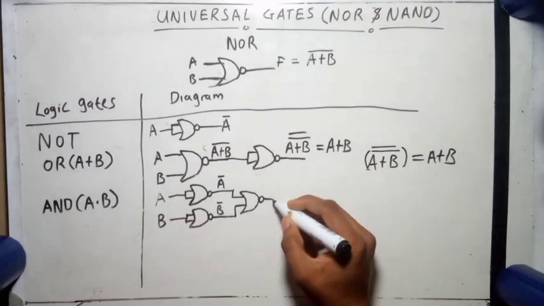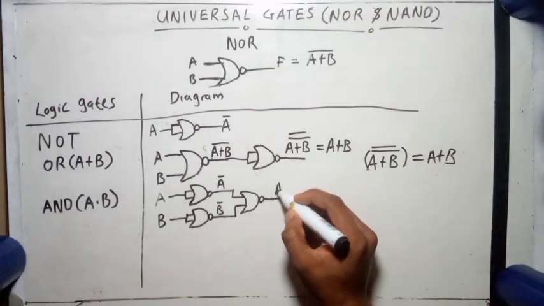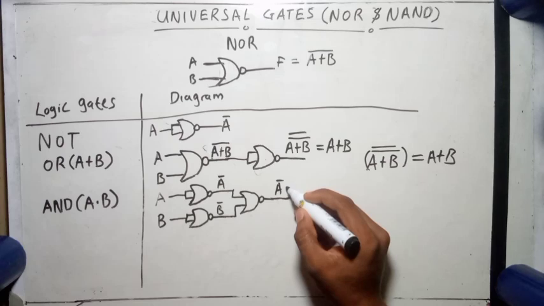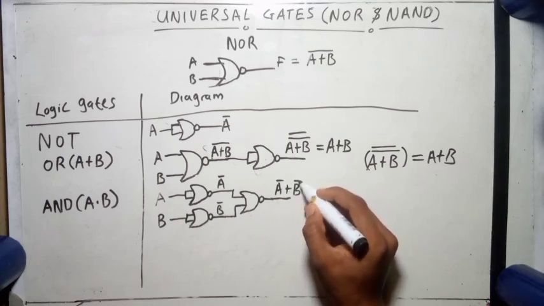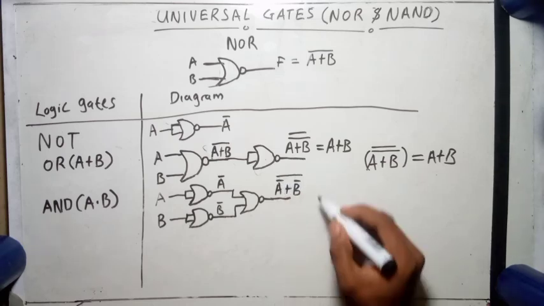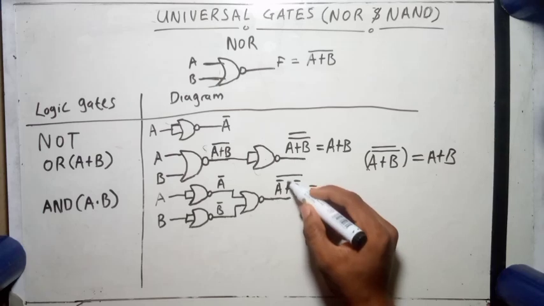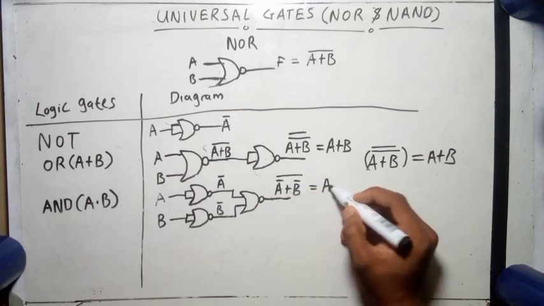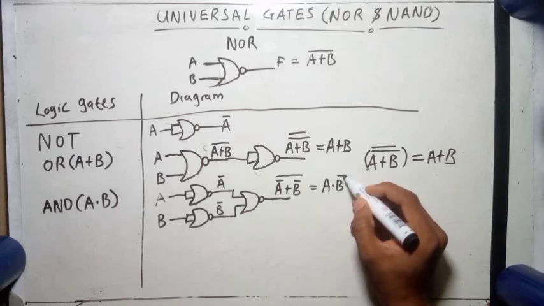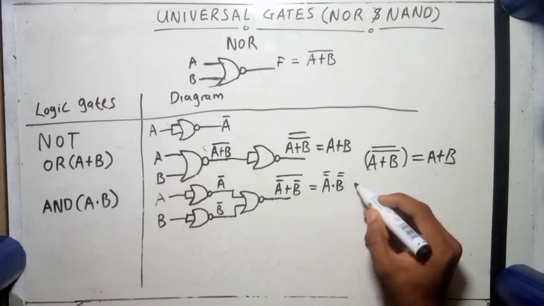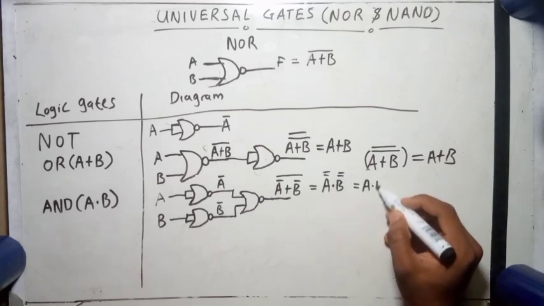And in this case, our output will be A bar plus B bar, or bar, which is also equivalent to what? When you are to split this sign, you have A dot B double bar, which is equivalent to A dot B.